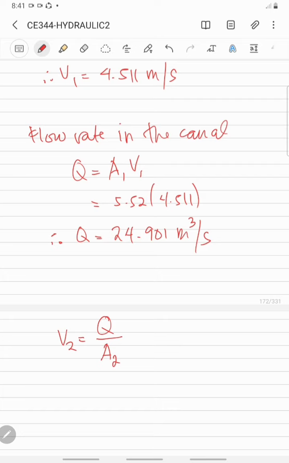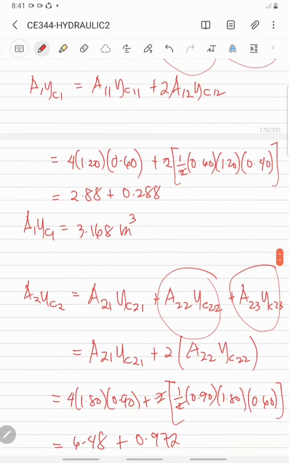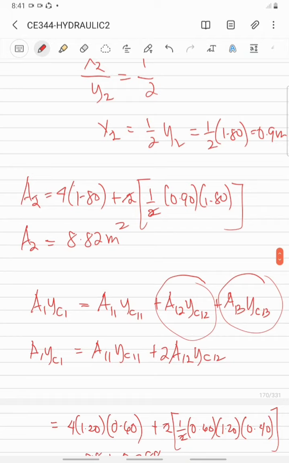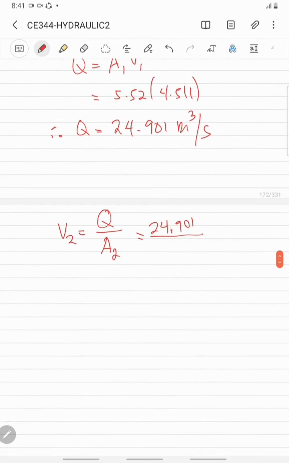Since Q is constant all throughout the channel, our Q is equal to 24.901 divided by area 2, the area after the jump, which is 8.82.